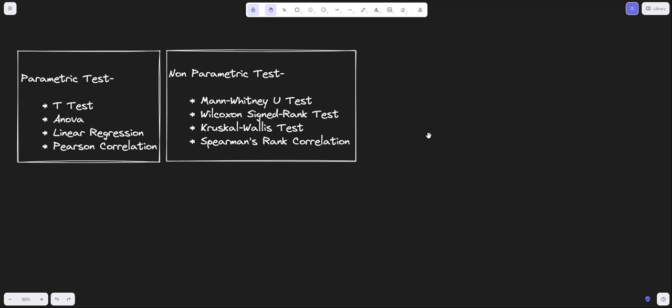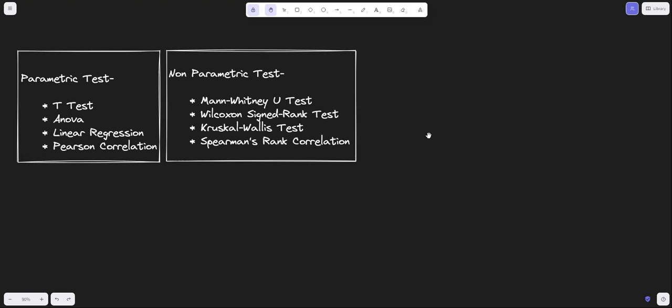To start with, as you know, a parametric test is a statistical test which makes specific assumptions about the parameters of the population distribution from which the sample data is drawn. And when do we use parametric tests?